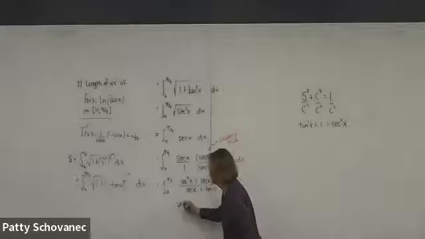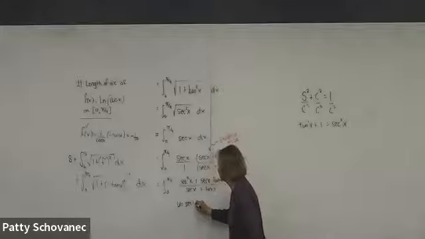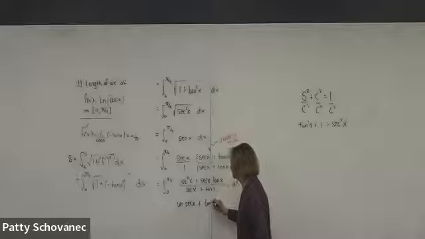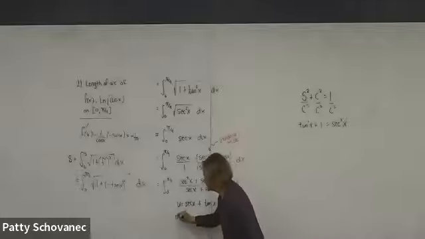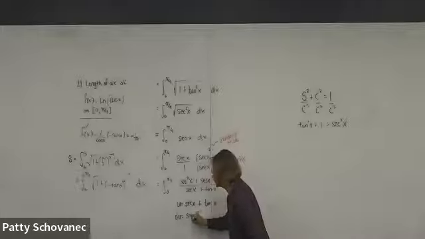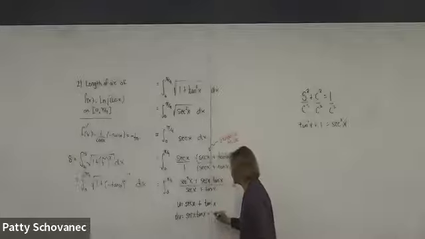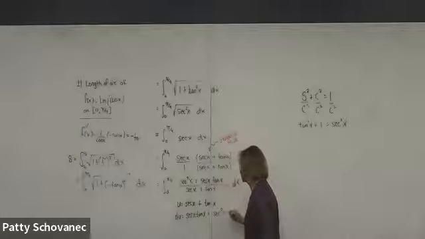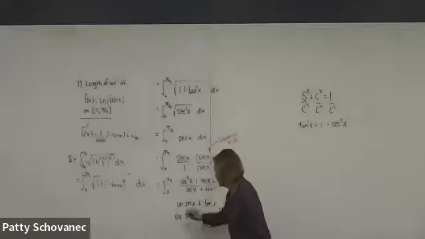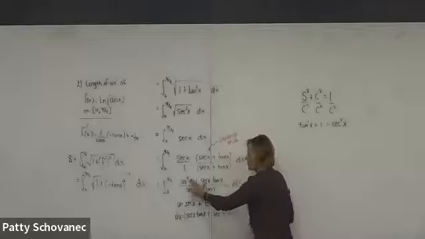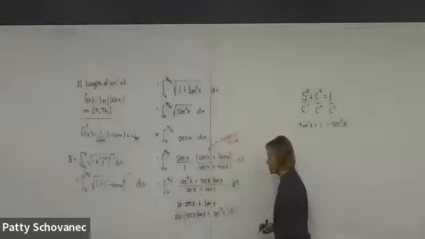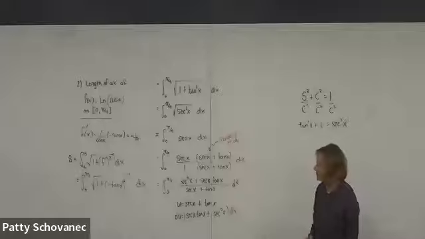If u is secant of x plus tangent of x, then du is secant x tangent x plus secant squared of x dx. It doesn't matter the order, addition is commutative, but that's the numerator. So that gives us a 1 over u du integral. Can everybody see that?